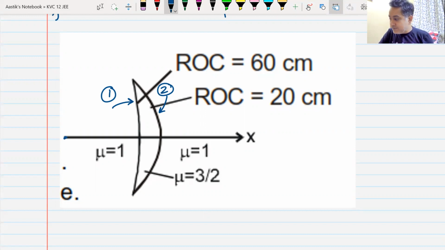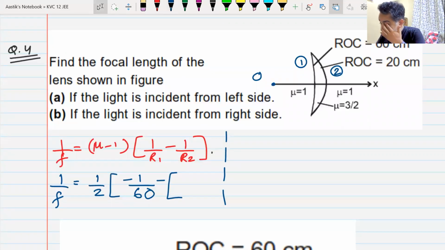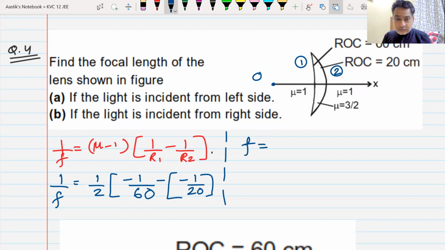So I move and put the values again. Minus 1 by 20. Now can you solve this and get me the answer? What is the focal length? Plus 60, sir. Yes, so this is a convex lens.